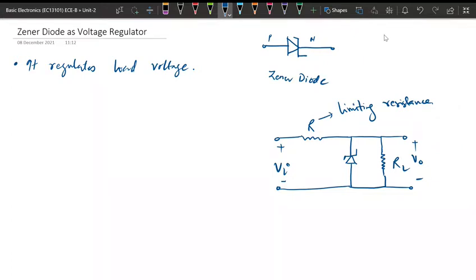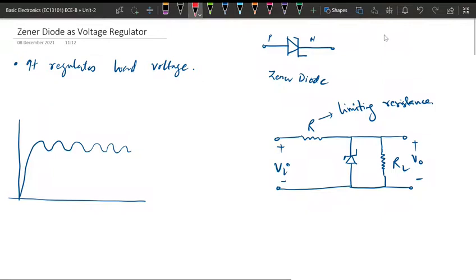In the power supply block diagram, we have already seen that once we get the rectifier output, it is passed through a filter. The output that we obtain from the filter will be a DC, but this DC will be an unregulated DC, meaning there will be some AC component in it.